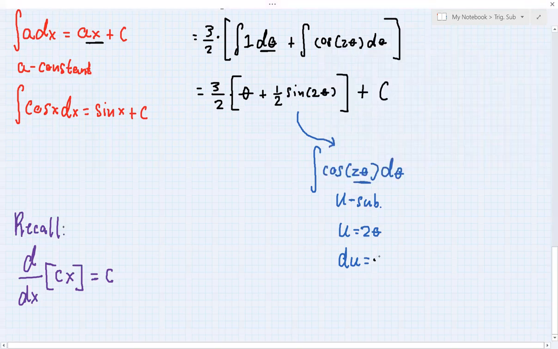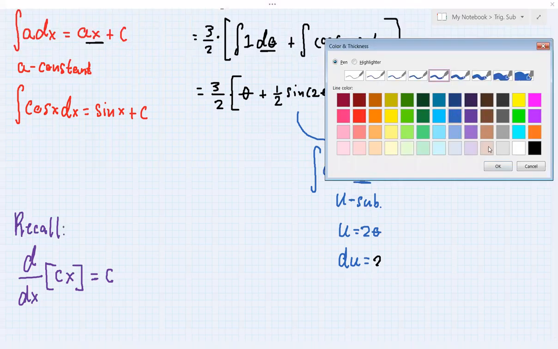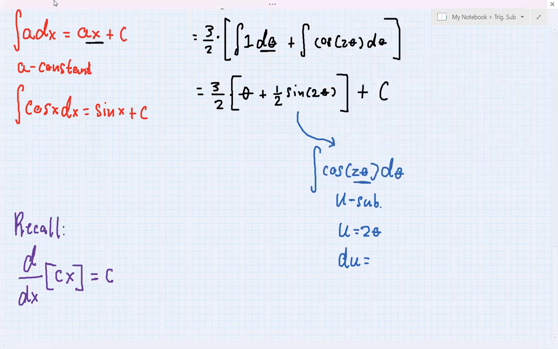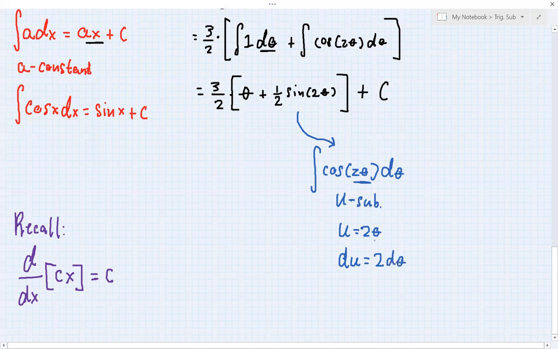So, this is 2 times d theta. Okay? So, ang derivative ng 2 theta is 2. Pero yun nga, after mong mag-differentiate, don't forget to put your d theta.